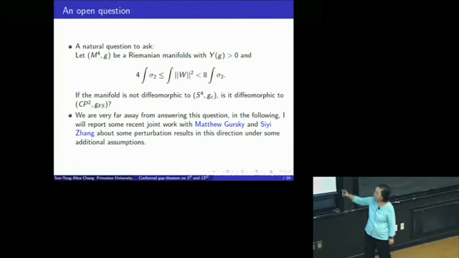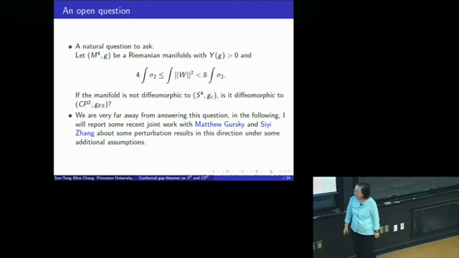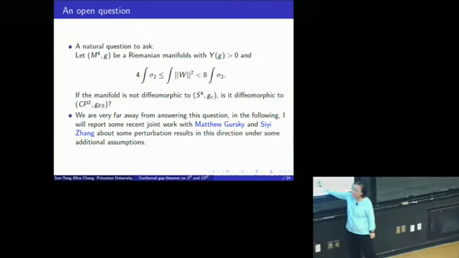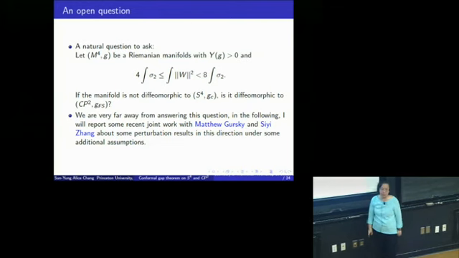So we are far away from proving this result. But today I want to report some very small progress made in this direction, a joint work with Gursky and Siyi Zhang, who is here.